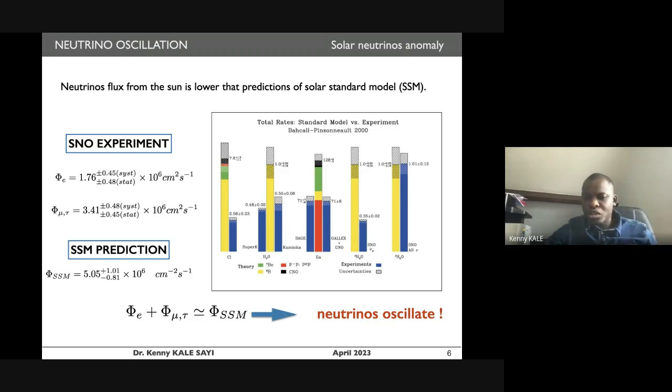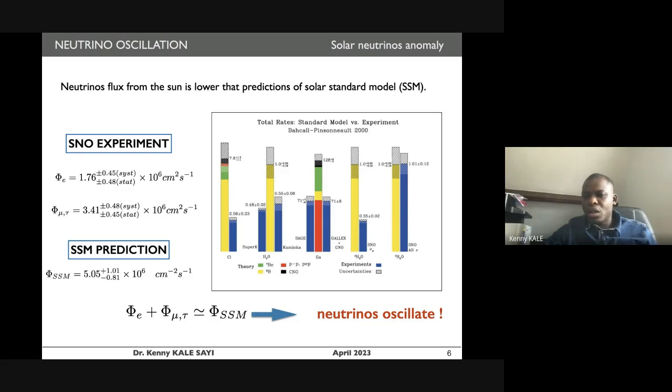We are expecting 5 times 10 to the 6 neutrinos per centimeter squared and per second. And this prediction works because it does not only predict neutrinos, it predicts many other things. And all the other things predicted by this solar standard model work. So we are very sure about this model, these calculations.